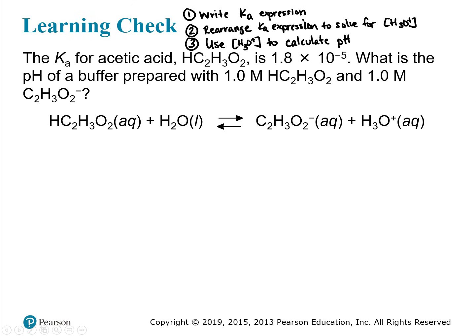So let's get started. First, we're going to write that Ka. We don't care about the water. Concentration doesn't really change, so we're not going to include it. We always write the products on top and the reactants on the bottom.